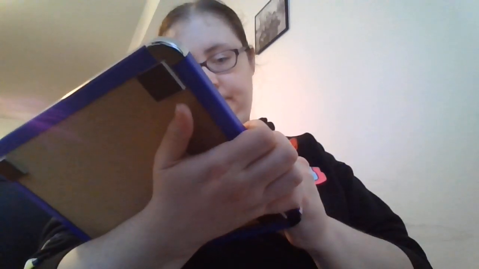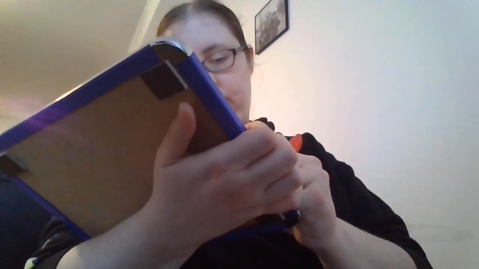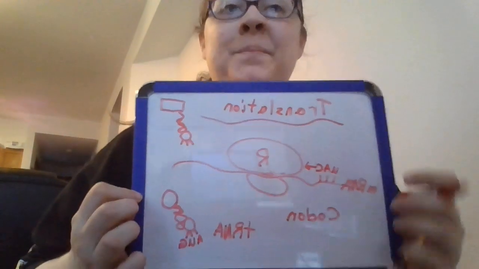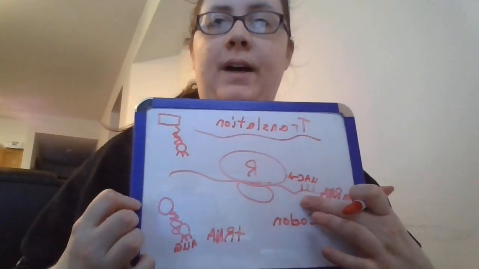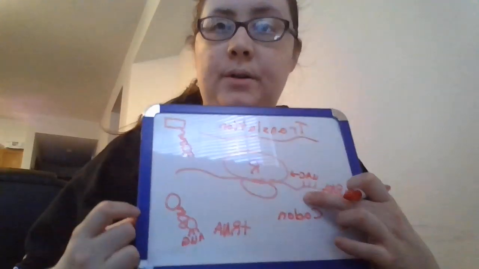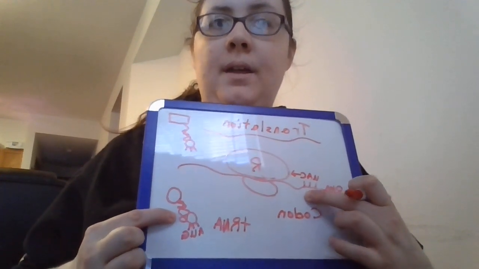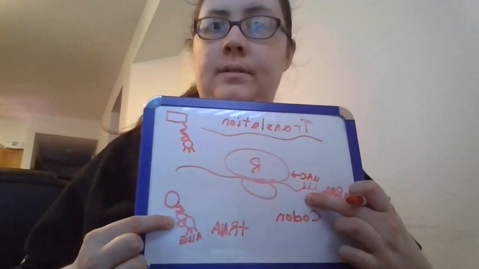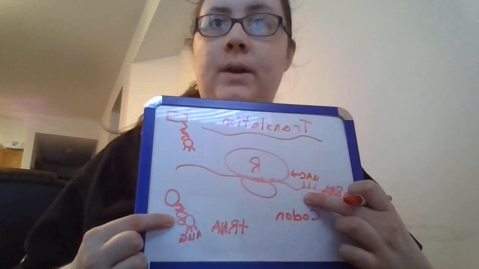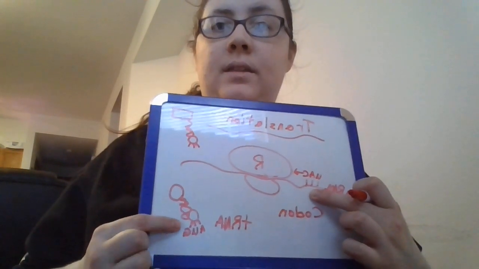What happens is that when the ribosome finds that codon that says, hey, start making a protein, there's a tRNA molecule that matches up with that codon. So here, our UAC matches with this AUG.